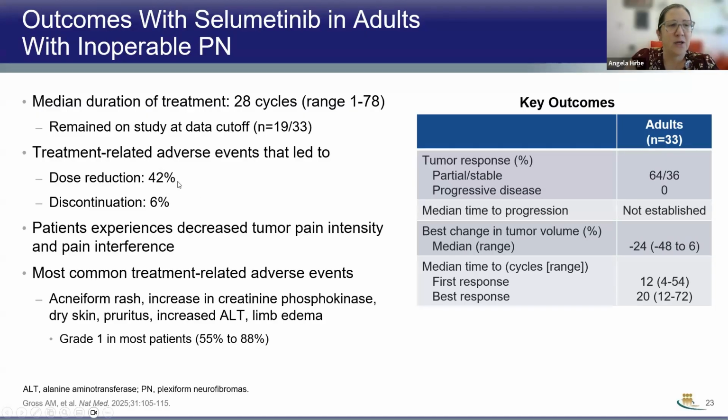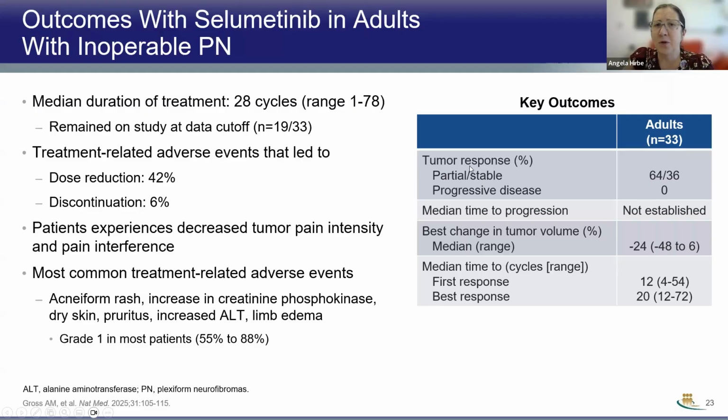So 42% needed a dose reduction, but most patients were able to stay on. Patients really experienced decreased tumor pain intensity and pain interference. And the most common side effects are things like the acneiform rash and increased CK, and most of these were grade 1, so able to be tolerated.